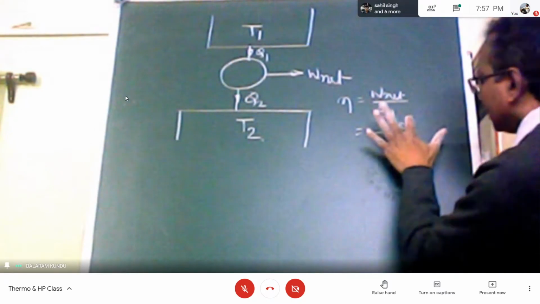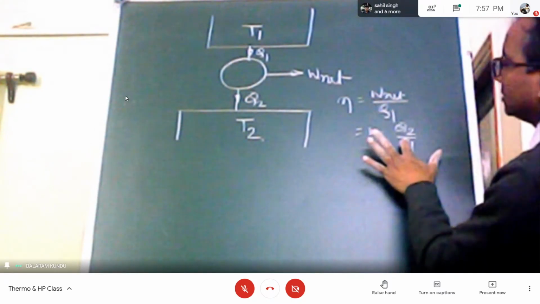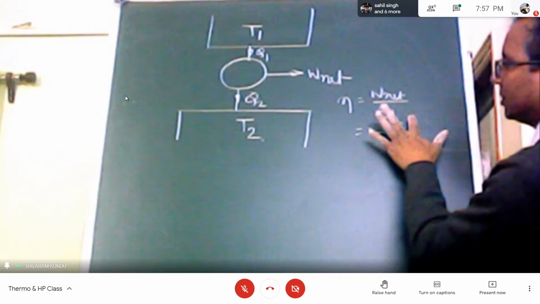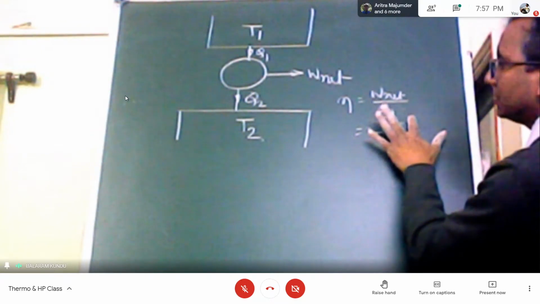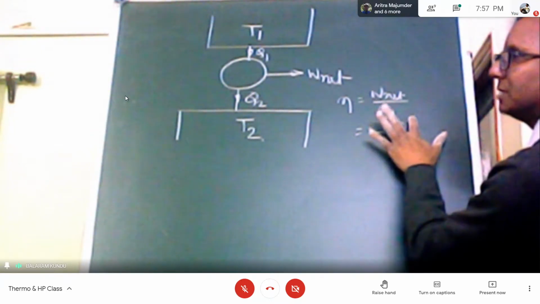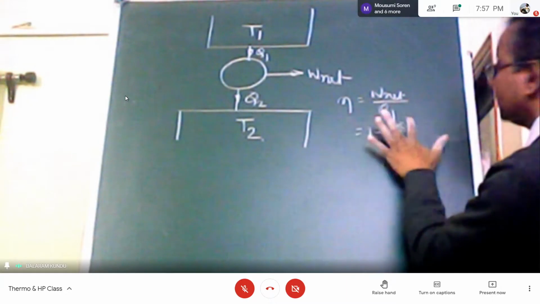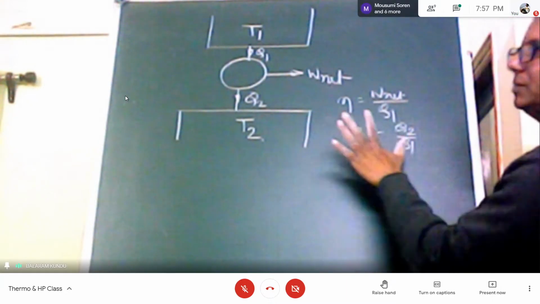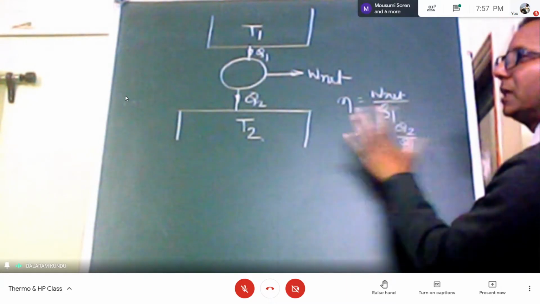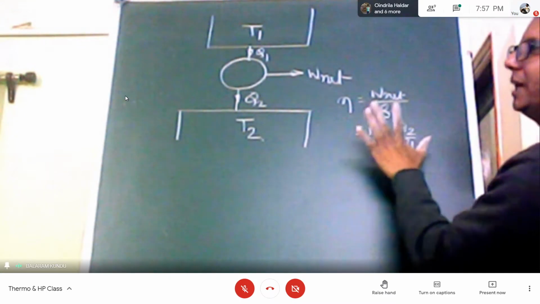The first law of thermodynamics does not give any idea about Q1 and Q2, so whatever value you consider will be applicable.